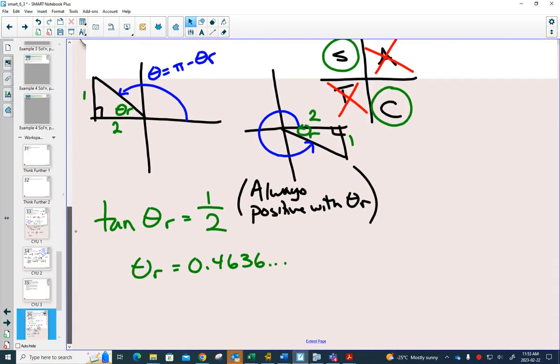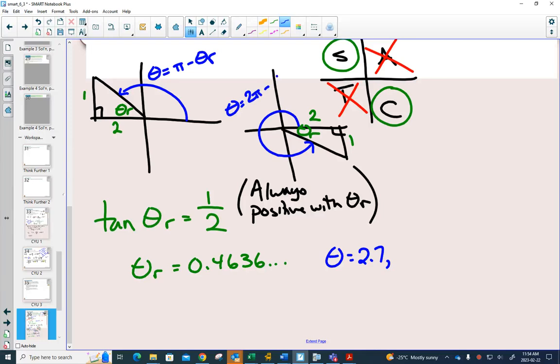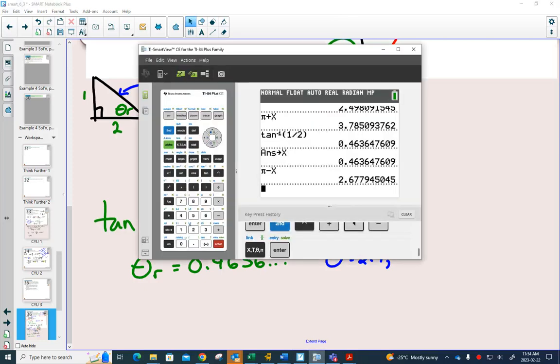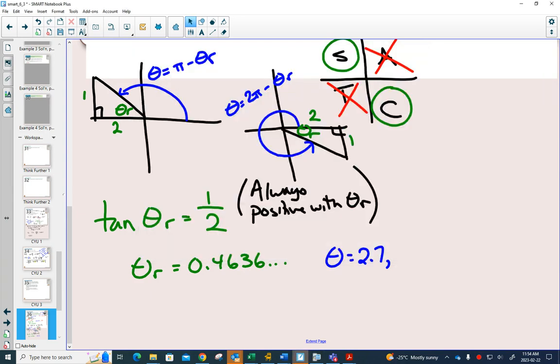Yes, nearest tenth. Second answer, in quadrant 4, I would go all the way around, which is 2 pi, and then minus my reference angle. So once again, I go to my calculator. 2 pi minus, and I stored my reference angle as x, so I get 5.8.